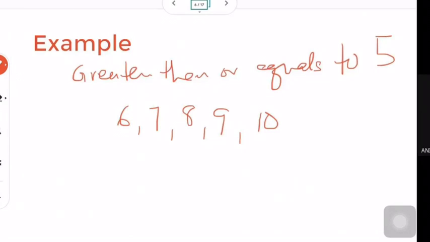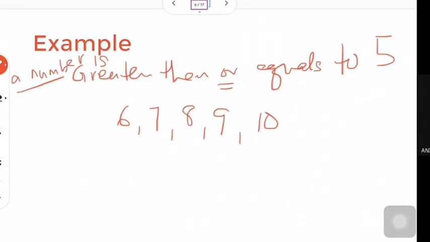Okay, tulislah a number lah sini ya. A number is greater than or equals to 5. And so the a number can be many. Macam mana kita nak tulis ya?